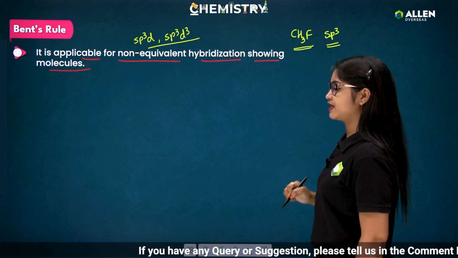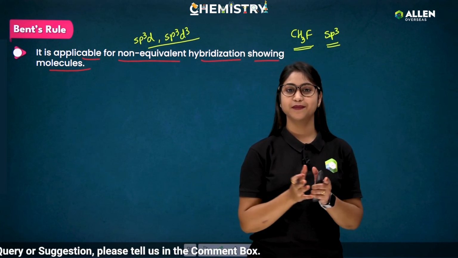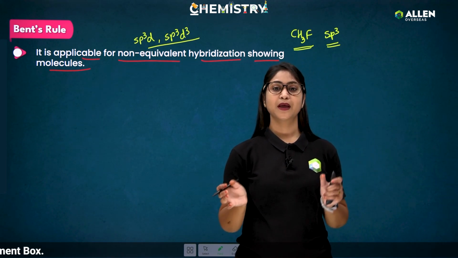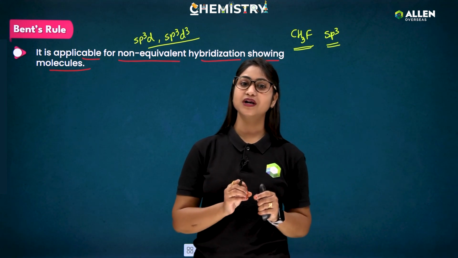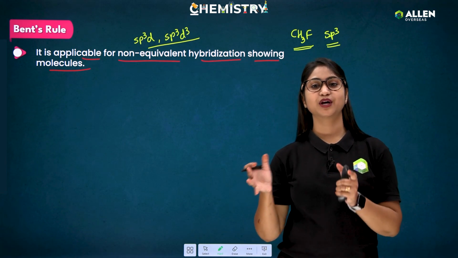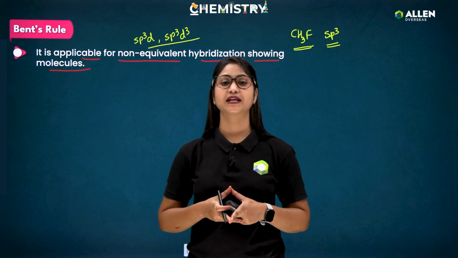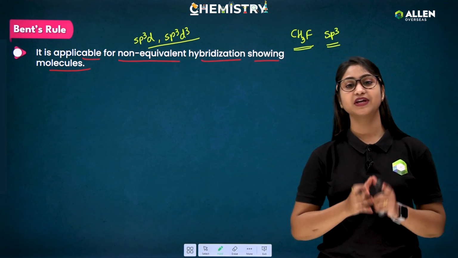In sp3 hybridization, we know all the four hybrid orbitals, when these are formed, are equivalent in nature, okay. But when surrounding atoms are not the same or the central atom is having any lone pair, then the hybrid orbitals become non-equivalent.